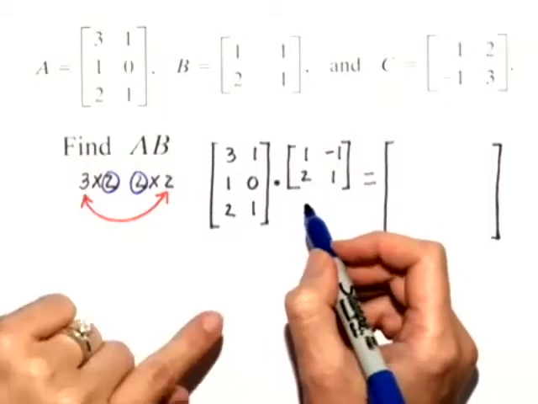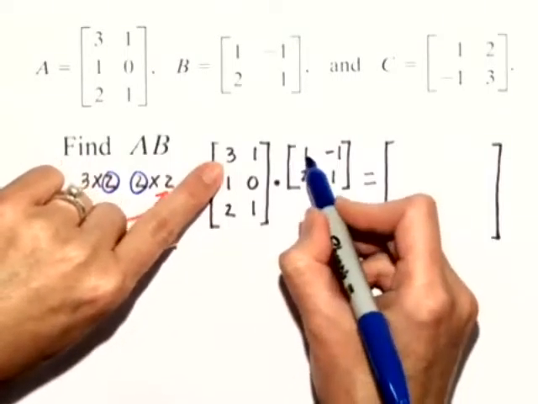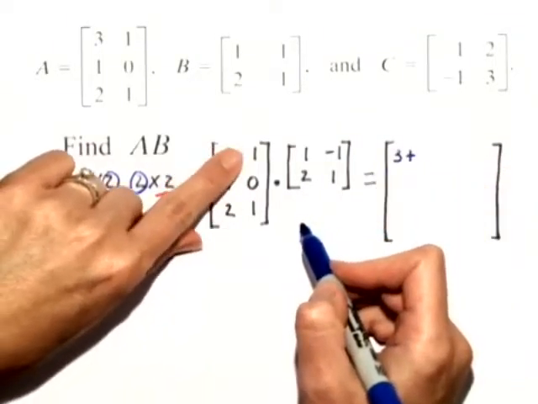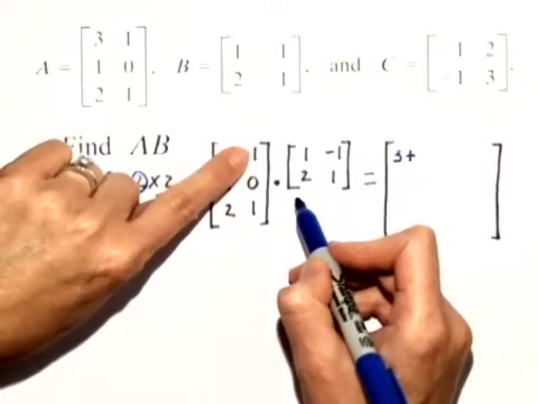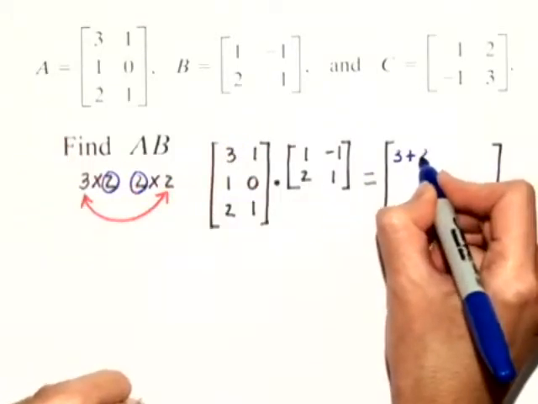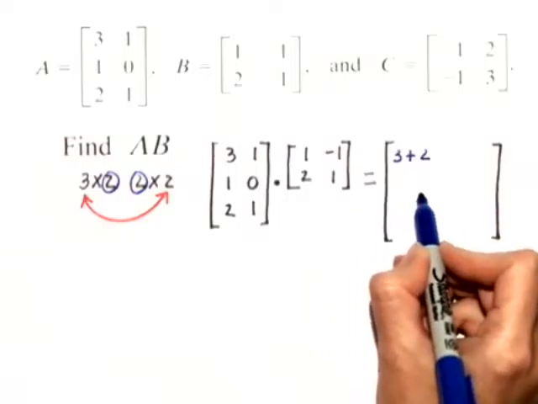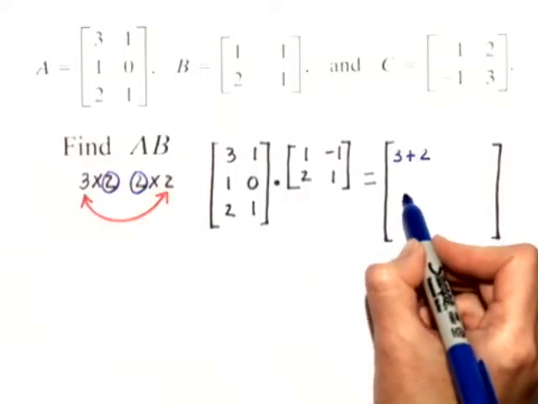So let's start and do that first. So we have 3 times 1, which is 3, plus, going across and down, I have 1 times 2, which is 2.